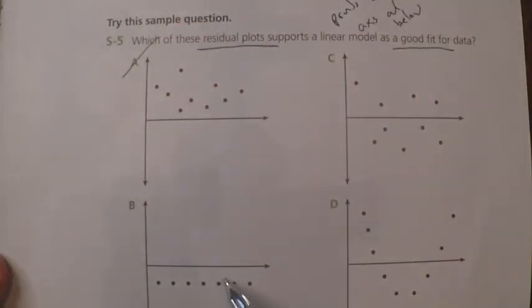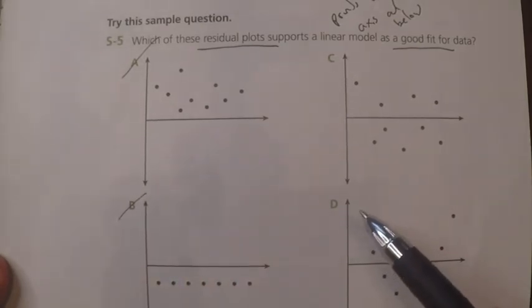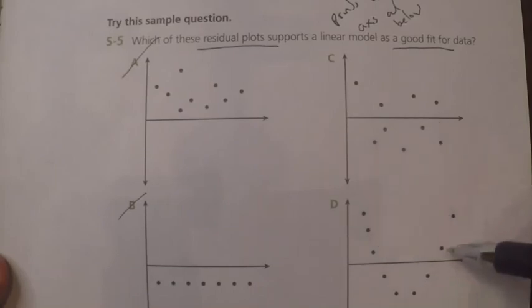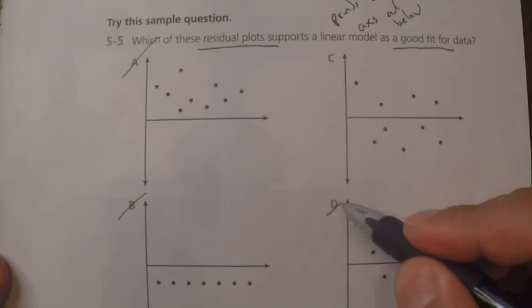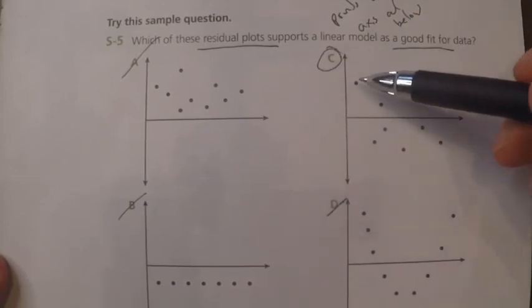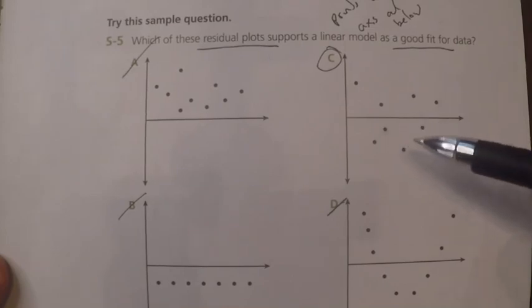If we look at B, all of them are below the line of best fit, so again, this wouldn't be a good one. And if we look at D, some are above and some are below, but we see a pattern here. This pattern shows us that it's not a good fit, which means that C is our good fit here. We have a random amount of points above and below our axis, which shows that it's a good fit.